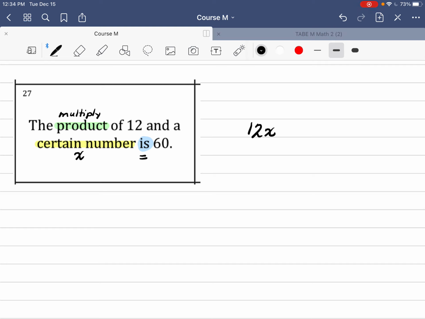So 12 times x is 60. It's a one-step multiplication problem. Your variable, your constant, divide by the coefficient 12. So the certain number is 5.